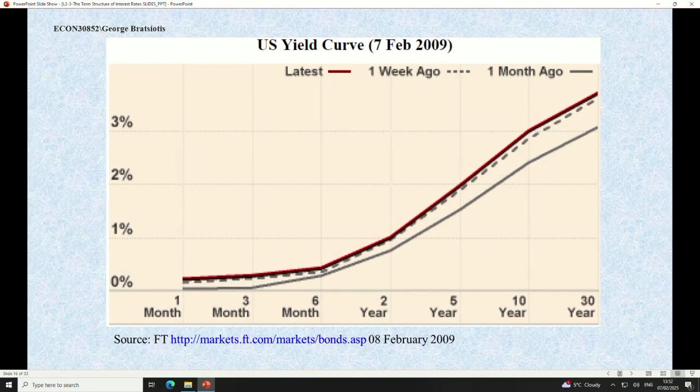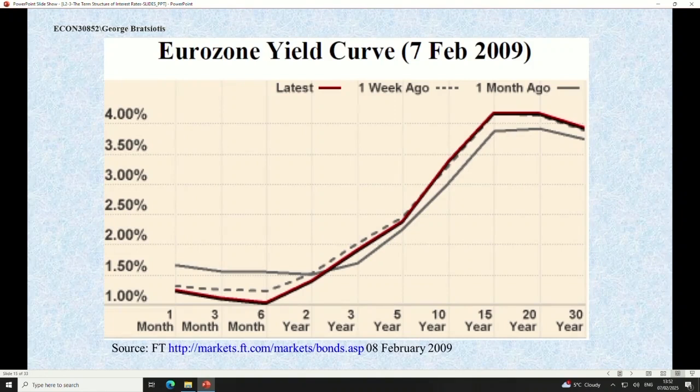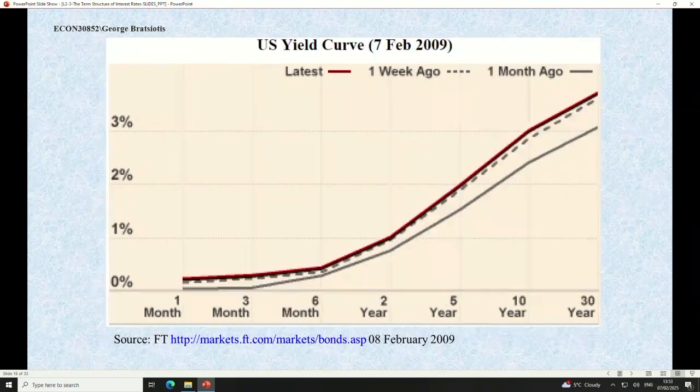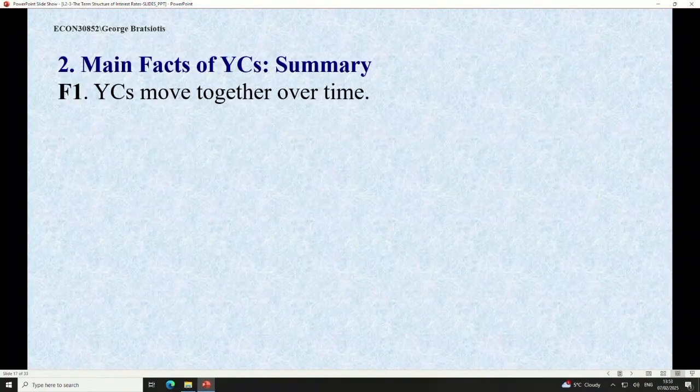That was highly unusual, these crossing graphs, which means that the revisions are very pessimistic. I repeat, yeah? But usually what you expect to see is that yield curves move together over time, up, down.